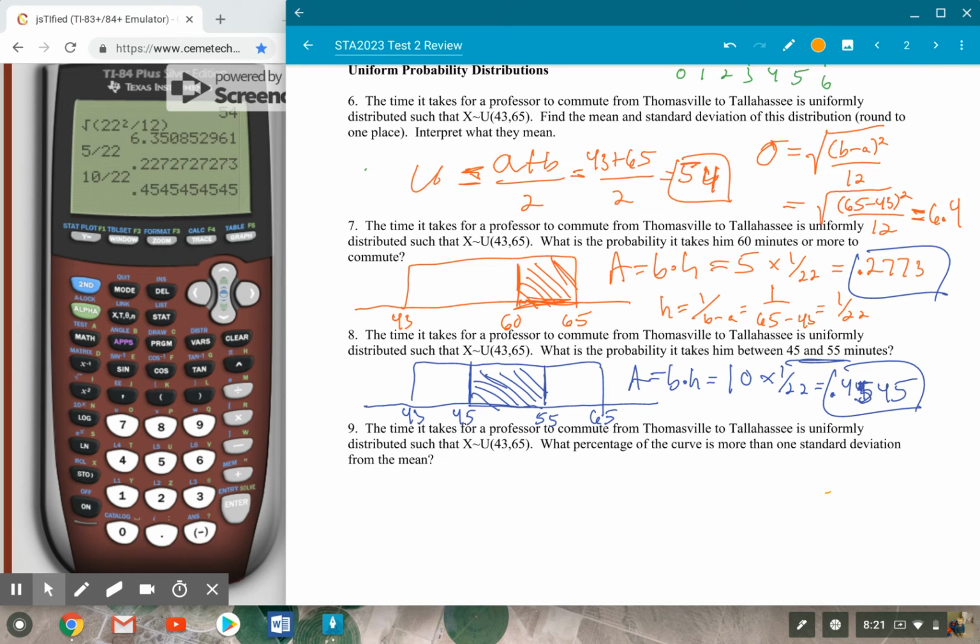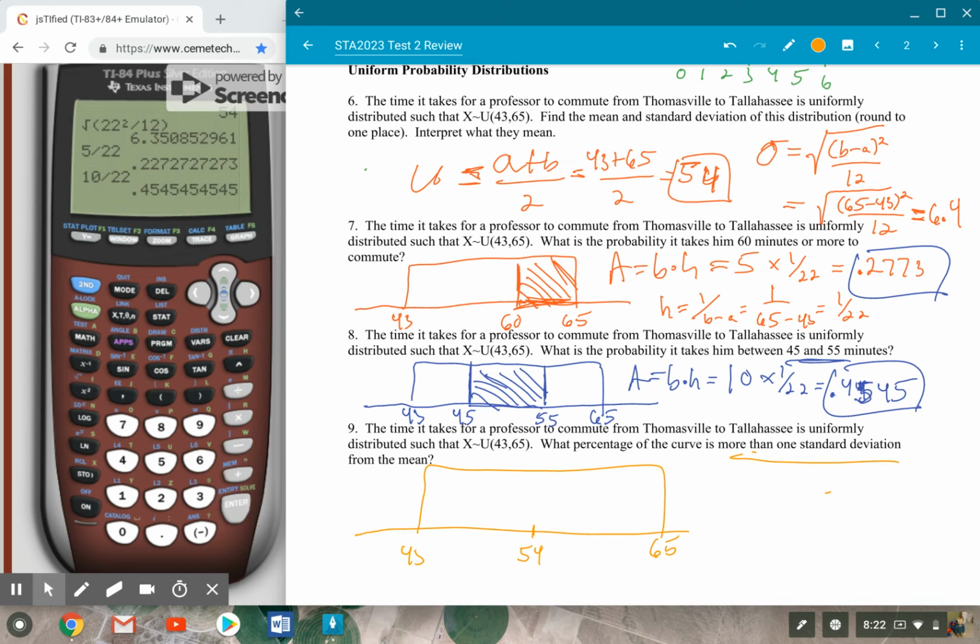And final uniform distribution question, same scenario. What percentage of the curve is more than 1 standard deviation from the mean? So think about my distribution. It's the rectangular one from 43 to 65. We're looking at more than 1 standard deviation from the mean. So my mean right in the middle is 54. That's the center of my distribution.